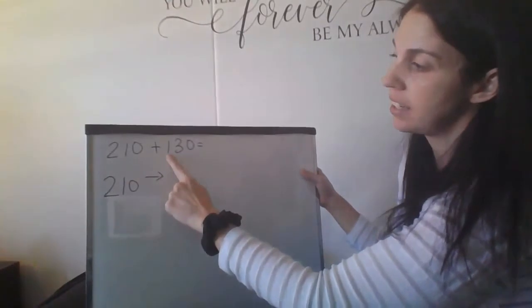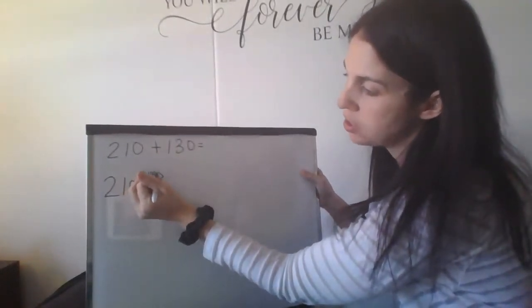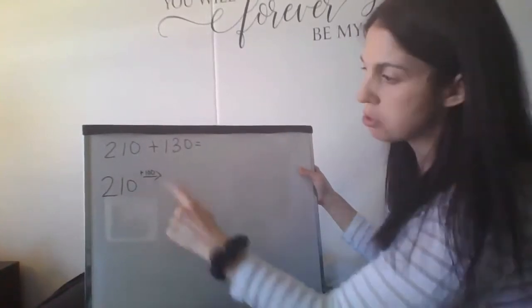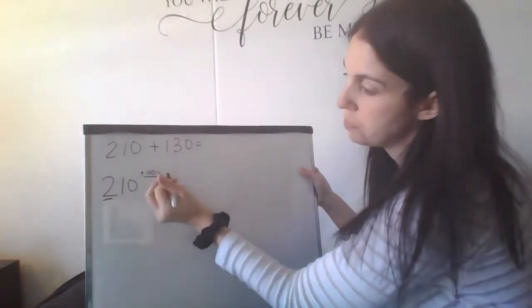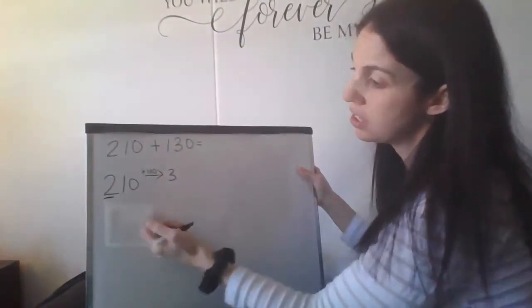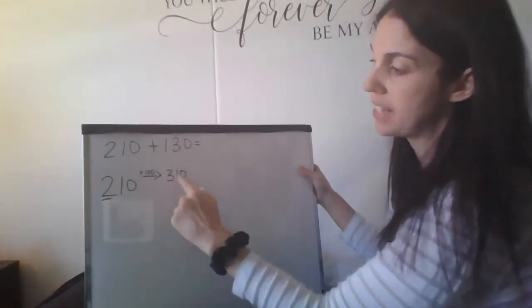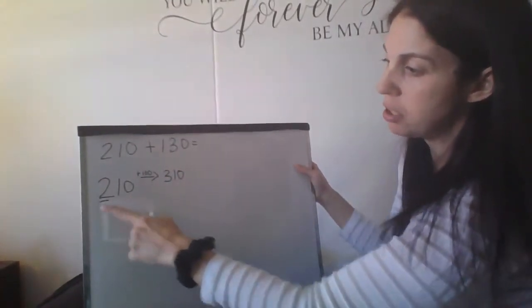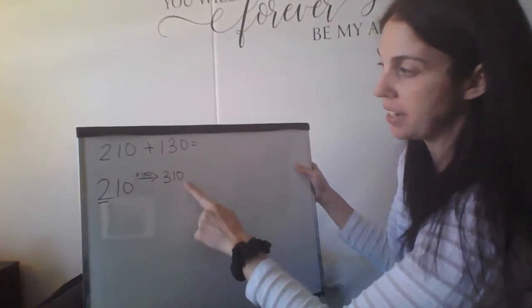I have to add 100, so I'm going to say plus 100. So 200 plus 100, I'm going to go up 1 in my hundreds place. It's going to give me 300. And the 10 just follows along. I didn't change my tens place, so that stays the same. So 210 plus 100 gives me 310.